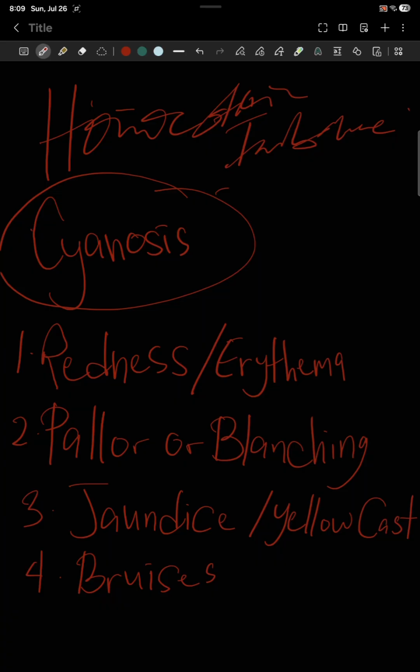Like these four, no, influence our skin color sa atong emotion. So we have here the redness or erythema. So it indicates embarrassment, no, may blushing, fever, hypertension, and inflammation or allergy.